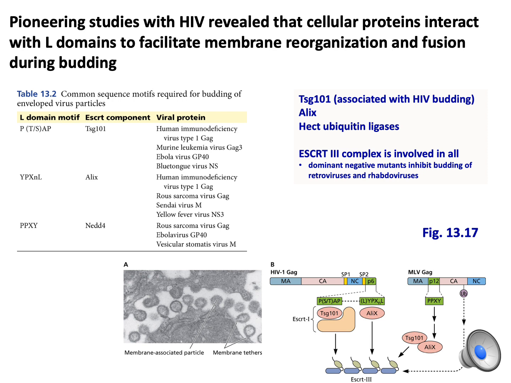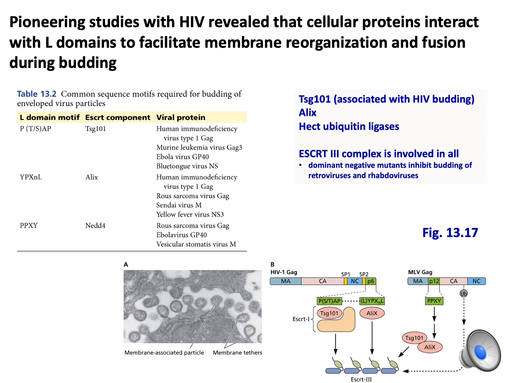This table gives you the names of some of those proteins. TSG101 was a protein that interacted with the HIV gag, and there are other proteins that were subsequently identified that interacted with other gag or matrix proteins that had late domains.